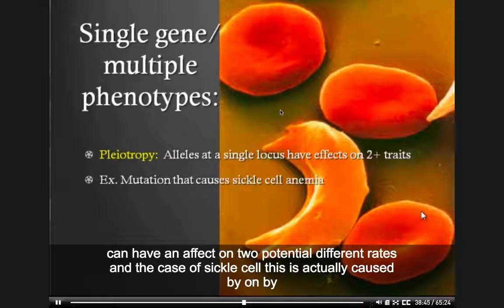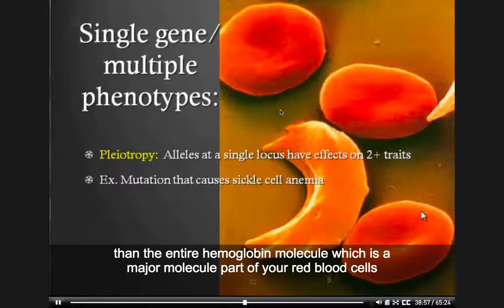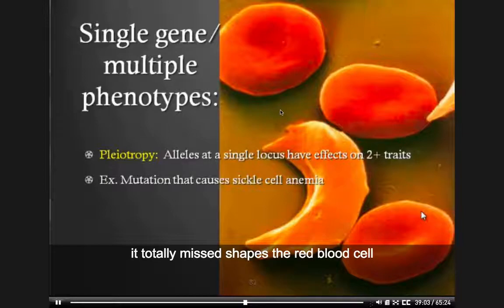In the case of sickle cell, this is caused by a mutation where a single amino acid is out of place. When that little amino acid is out of place, then the entire hemoglobin molecule, which is a major part of your red blood cells, totally misshapes the red blood cell.